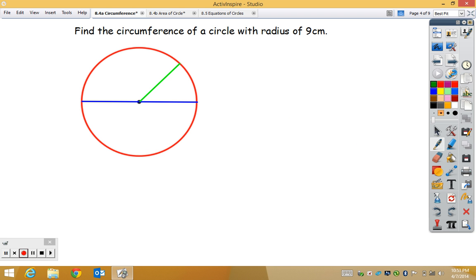So an example, we want to find the circumference of a circle with a radius of 9 centimeters. So we have our radius is 9 centimeters, so our diameter equals 18 centimeters.